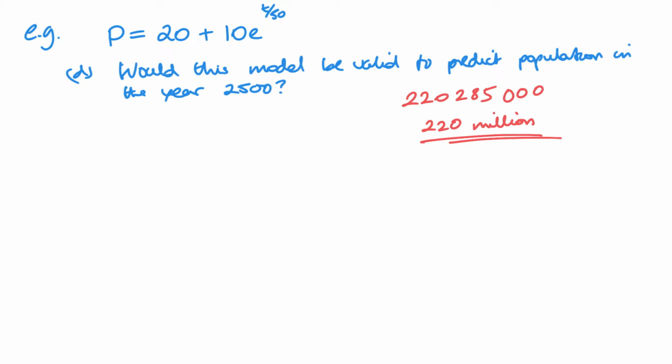So a whole host of factors are likely to affect the population growth when you're looking so far into the future. So for this one, you would say it's highly unlikely that this model would be valid, as by the year 2500 there are new factors that are likely to affect the population.